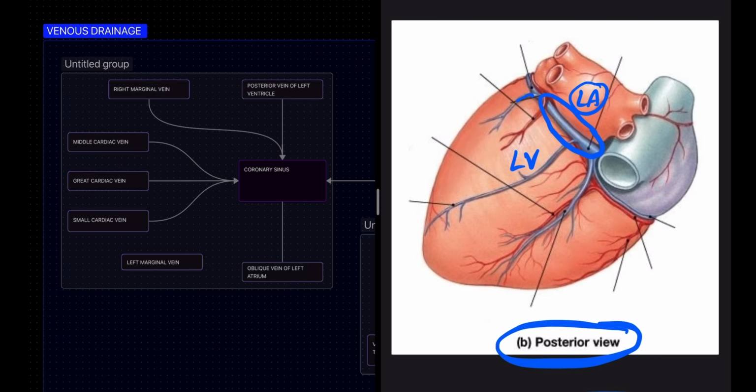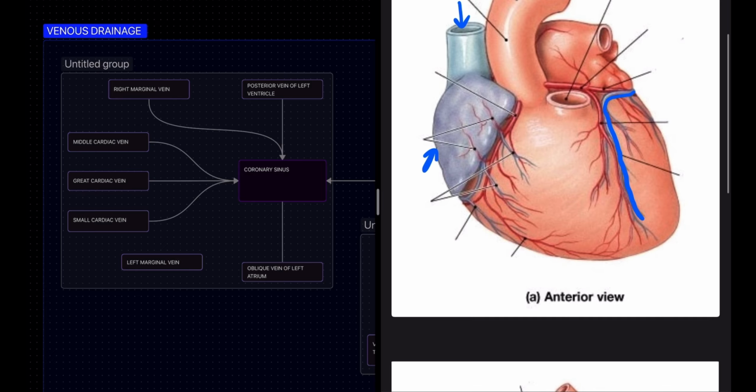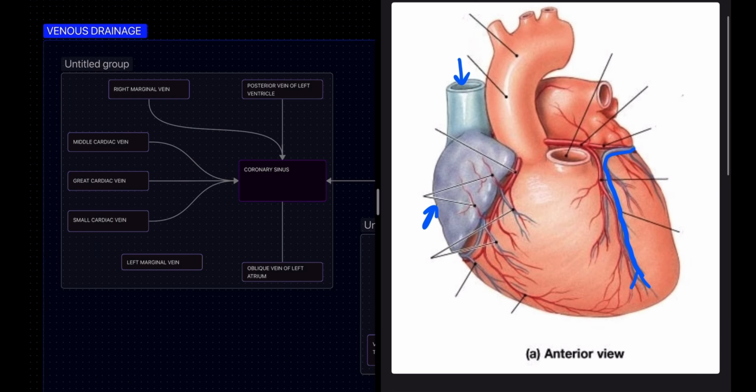So if we zoom more into the great cardiac vein, we see that it starts somewhere near the apex of the heart, and then it passes through the coronary sulcus, where it also accompanies the circumflex artery.